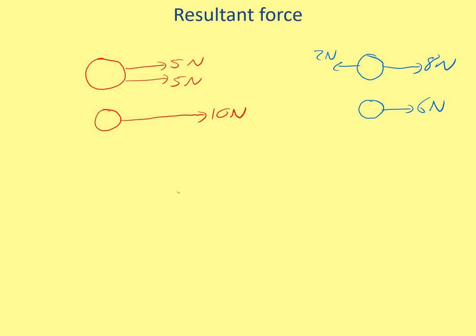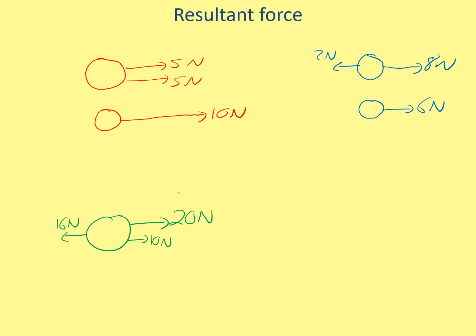Let's do another example. If I had another object, and I'm going to draw, let's say, 20 newtons to the right, and I'm going to do 10 newtons to the right, and then I'm going to do 16 newtons to the left.